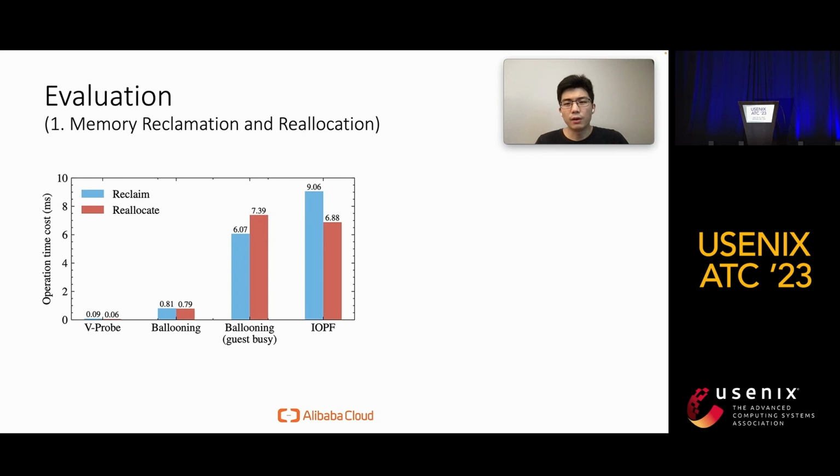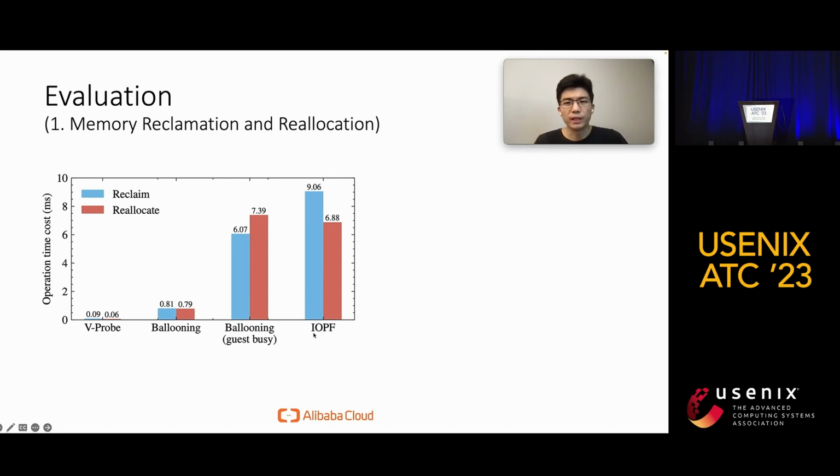First, we evaluate the operation time cost to reclaim or reallocate a 2 megabyte page. For ballooning, it relies on the communication with the front-end driver running in the guest. The communication introduces a large delay, especially when the guest is busy with CPU-intensive tasks, which reduces the chance for the thread of the front-end driver to gain CPU time slice.